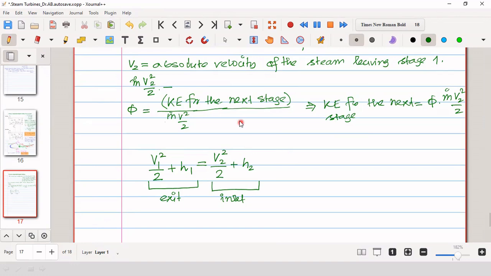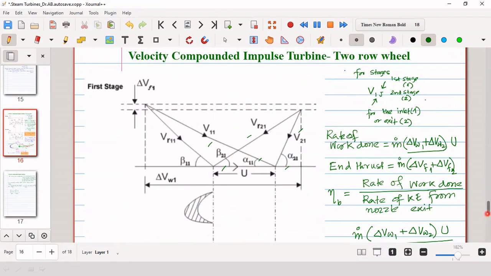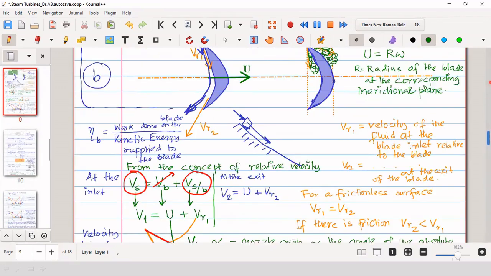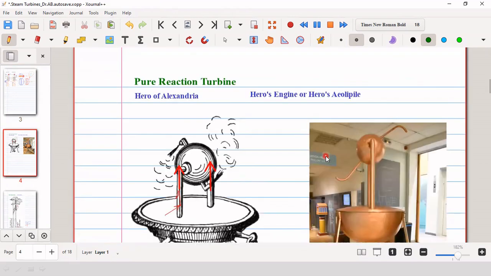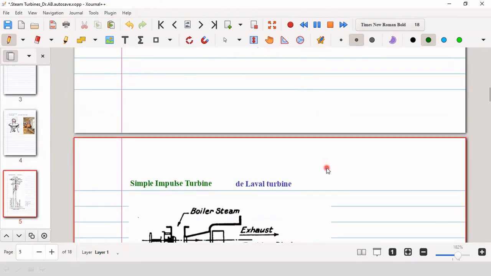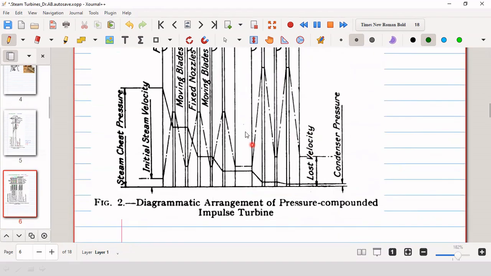Okay, let me bring that diagram here again, then it will be easy to follow.